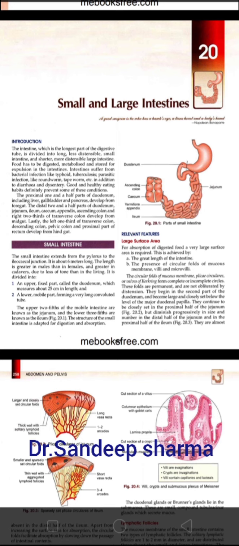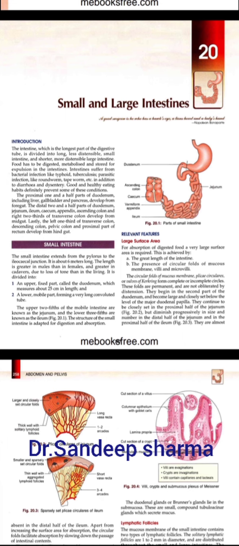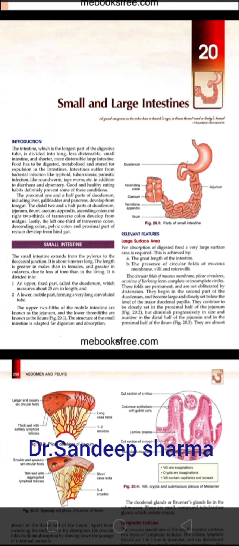So the average is around 6 meters. In an individual it may be up to 6.5, or 5.5. So the length will go a little up and down.